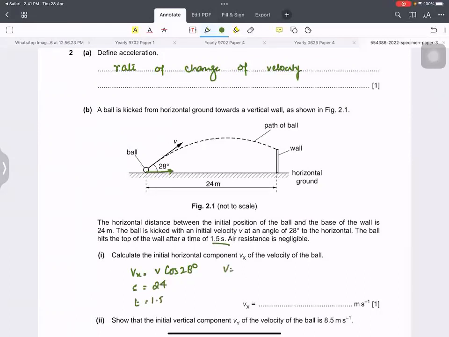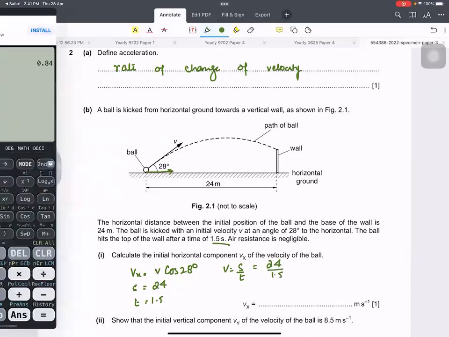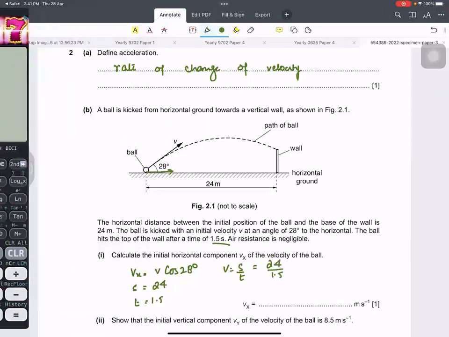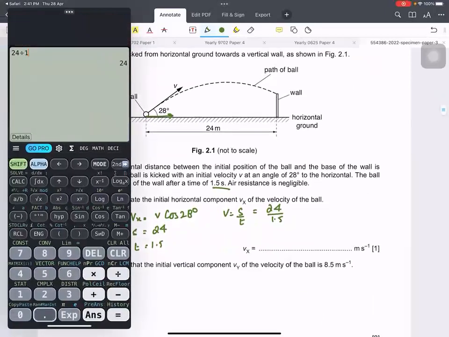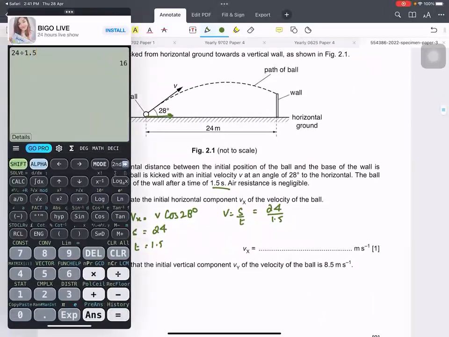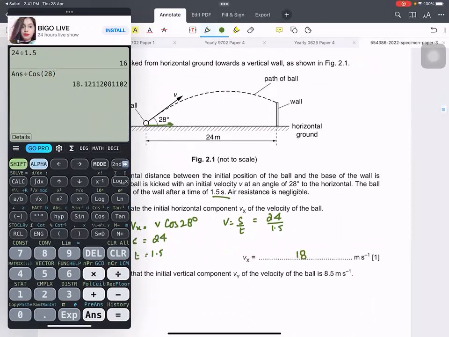So we are just going to use S upon T. And now let's put it in: 24 divided by 1.5, divided by cos of 28. So it is 18 meters per second.